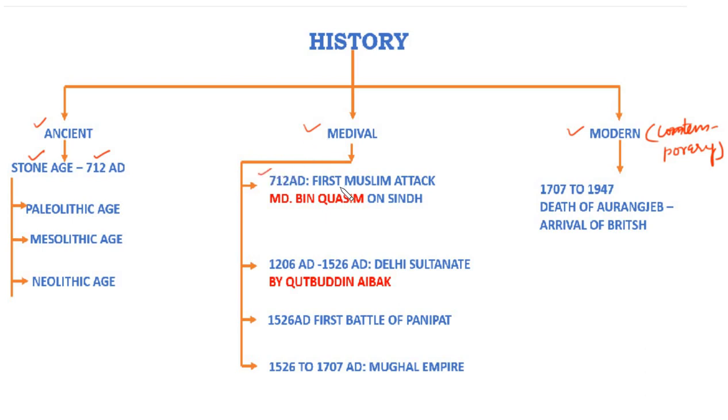The first time Muslims attacked India, and the name of that person was Muhammad bin Qasim. This person attacked Sindh. And after that, see what happened. From Stone Age to 712 AD, we see in India there were Hindu rulers, right?